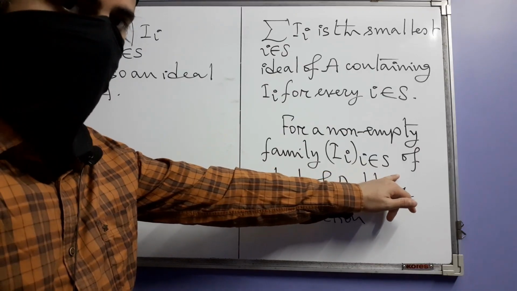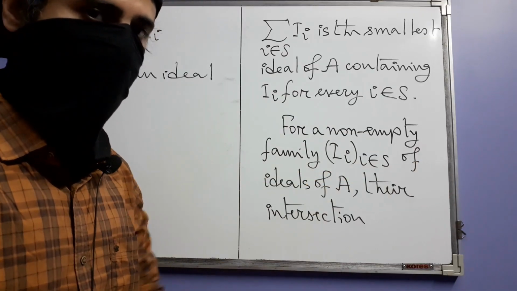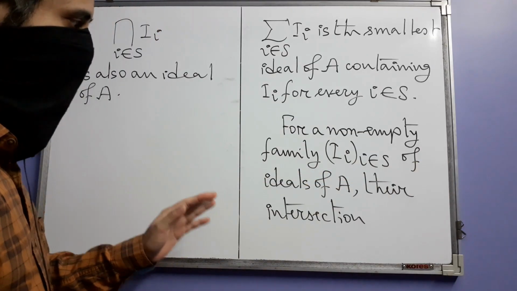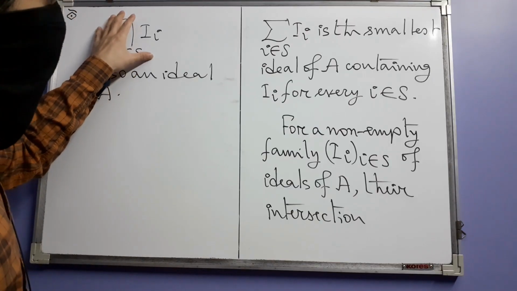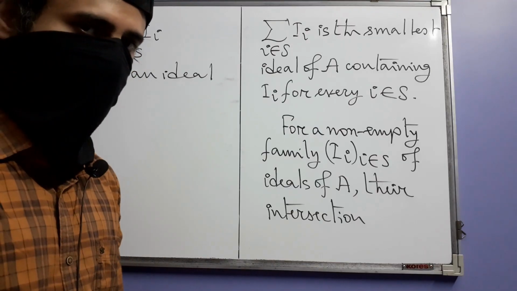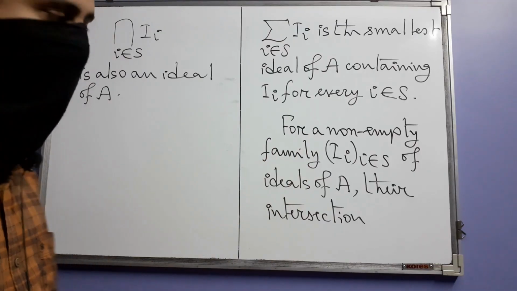This essentially means that S is a non-empty index set, because otherwise there is a logical problem in defining intersection. Okay, for that we need non-emptiness.